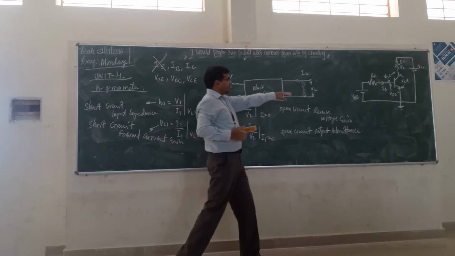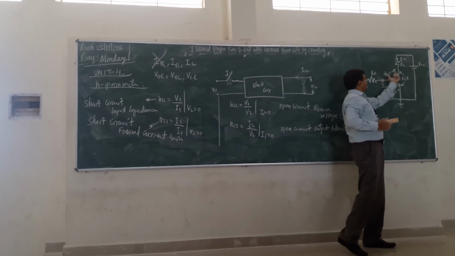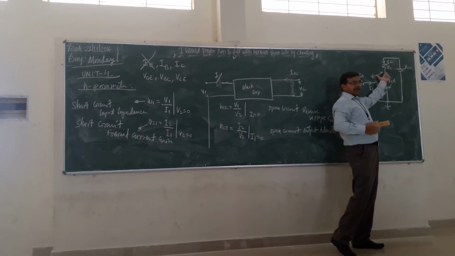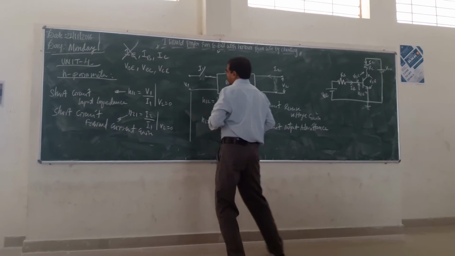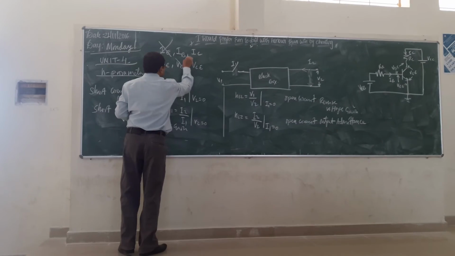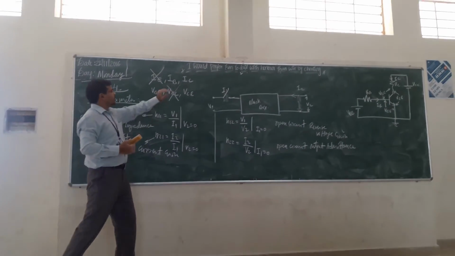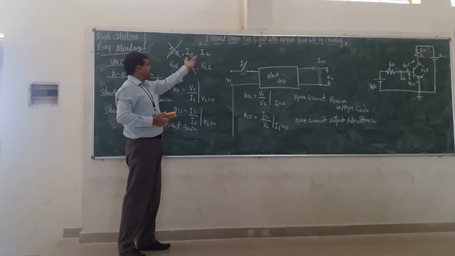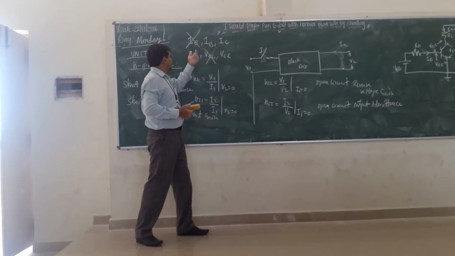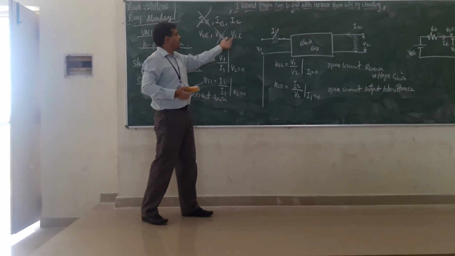Similarly, in a common emitter, this base collector voltage we are not using, so this also will be removed. So what we are having? We are having base current, collector current, base emitter voltage, and collector emitter voltage.